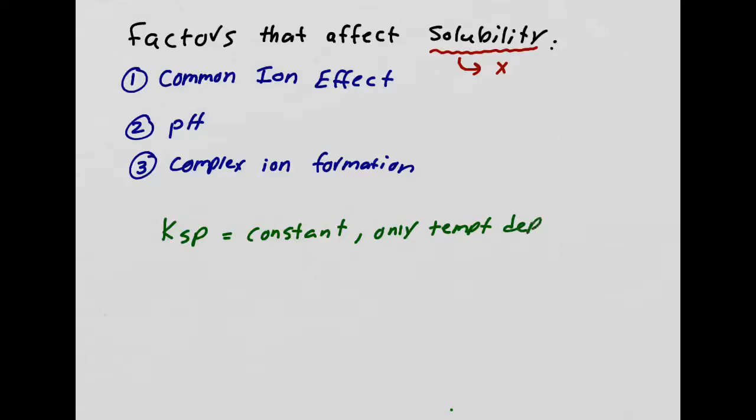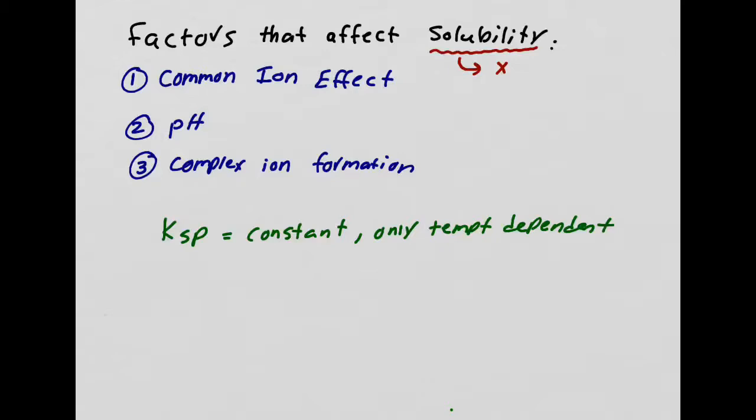When I talk about factors that affect solubility, everyone goes, well, how come temperature is not one of them? Well, here's the thing. Temperature does affect it, but what temperature would affect is the Ksp. Ksp is only temperature dependent. So I need you to remember that, yeah?